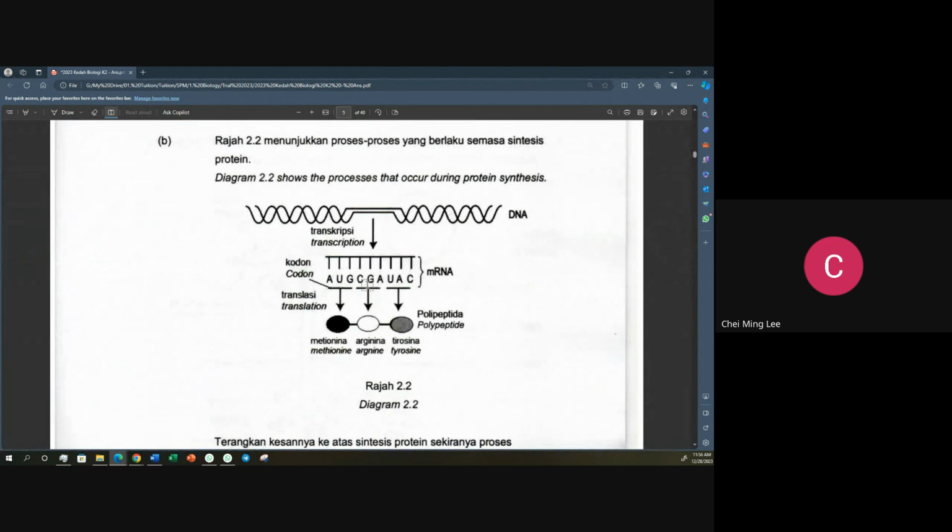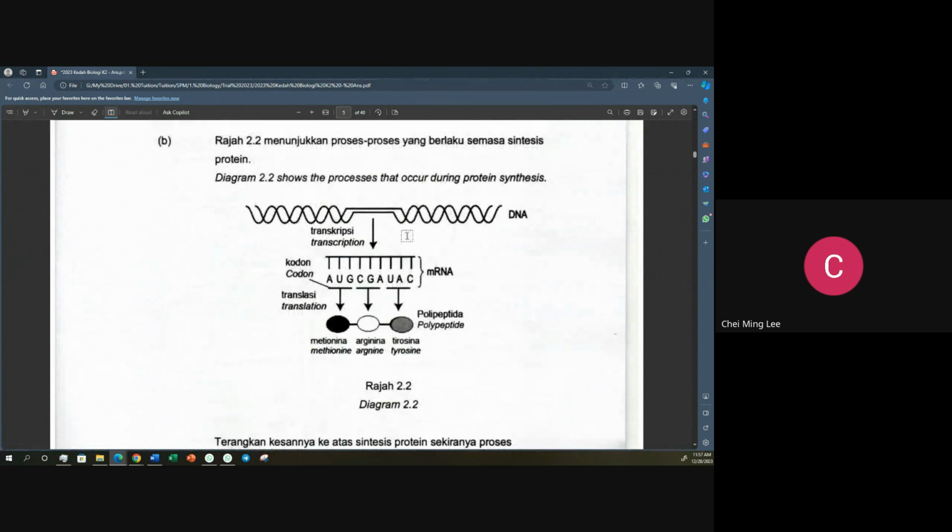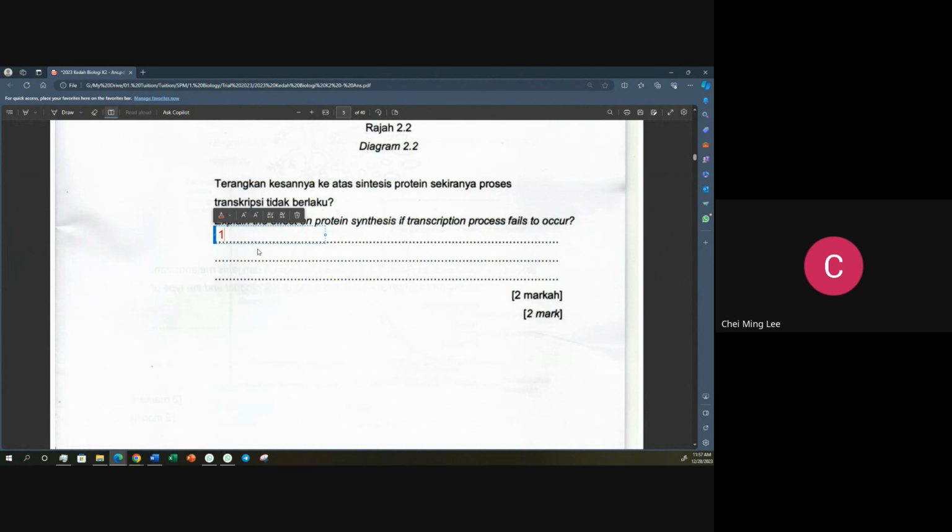Now for B, the diagram shows a process that occurs during protein synthesis. Explain the effect on protein synthesis if the process of transcription fails to occur. First, the mRNA will not be able to form, or we say no codon occurs.